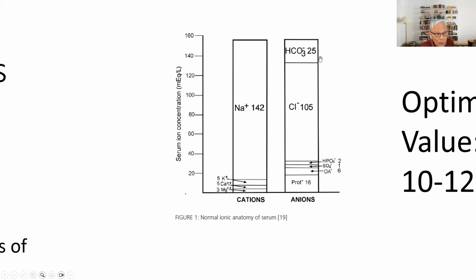What is the total of our negatively charged ions, or our anions, in the body? 25 plus 105 would be 130. And if you add all of these, it should be the same. Okay, so do you understand now that in the body, in order for it to be in equilibrium, there has got to be always an equal number of positively charged ions to the number of negatively charged ions.